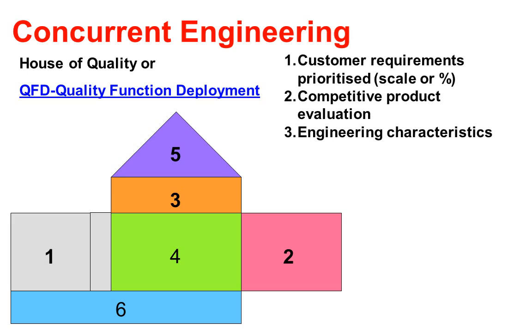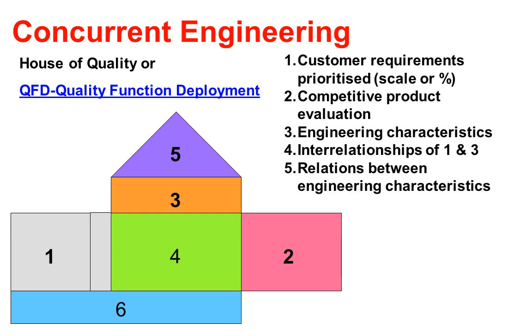Number three is engineering characteristics. Fourth is interrelationships of 1 and 3, meaning customer requirements and engineering characteristics. Number 5 is the roof, the relationship between engineering characteristics. And 6 is targets for the new product. So this is the house of quality. All these matrices are used in this.